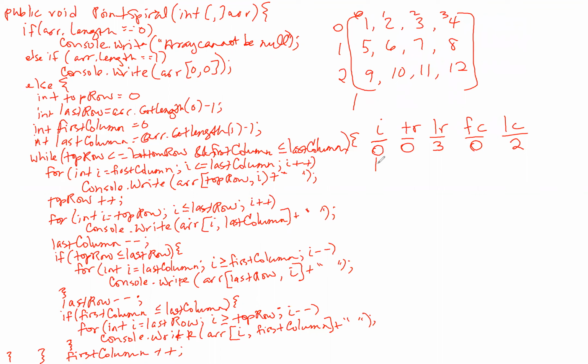So I becomes 1, and 1 is less than or equal to 2. So we write the next one, top row is 0, I is 1, so 0, 1 is 2. So we print 2. Okay, I plus plus, and 2 is still less than or equal to the last column.